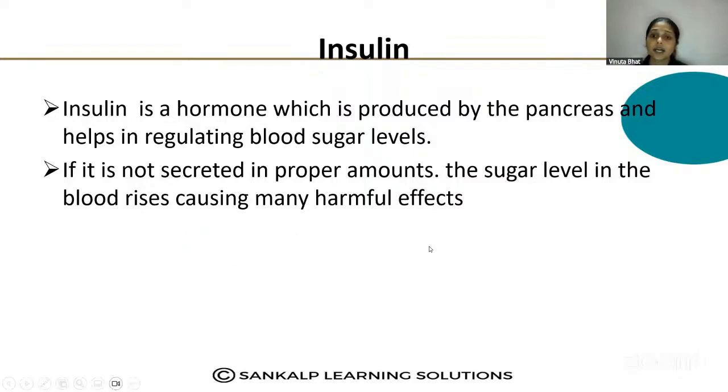So these are some of the hormones and their functions in our body. What are the different hormones released in our body and what is their function? Here, adrenaline is released by the adrenal gland.